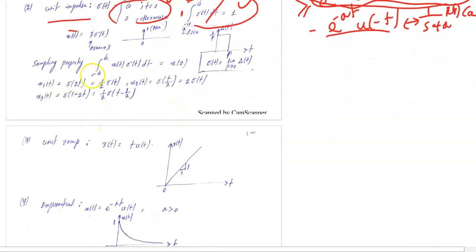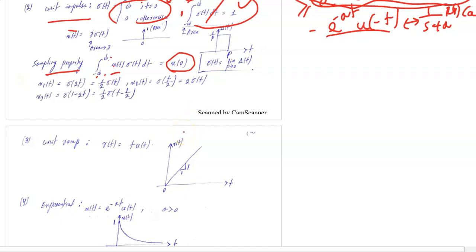Some properties. When you multiply a signal x(t) with a delta function or impulse function and integrate from minus infinity to infinity, it simply gives the value of x at that point. This is called the sampling property of the impulse or delta function.